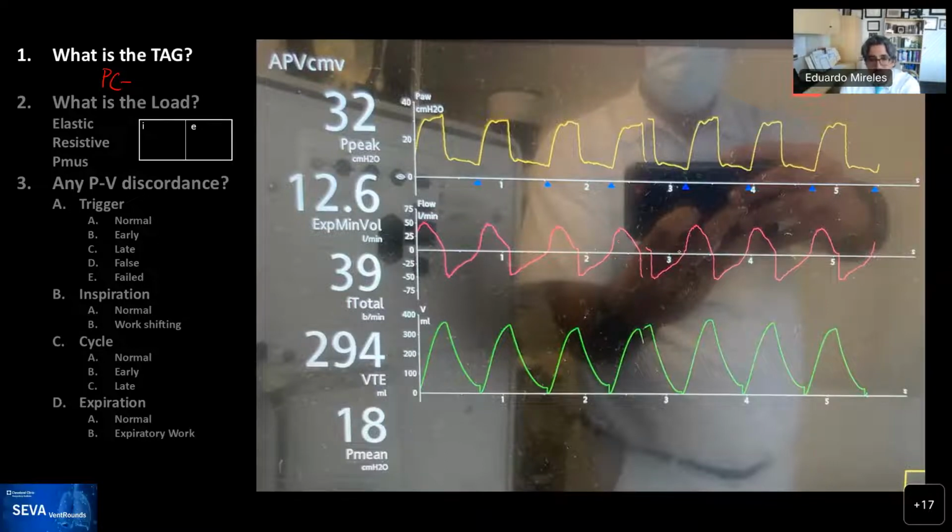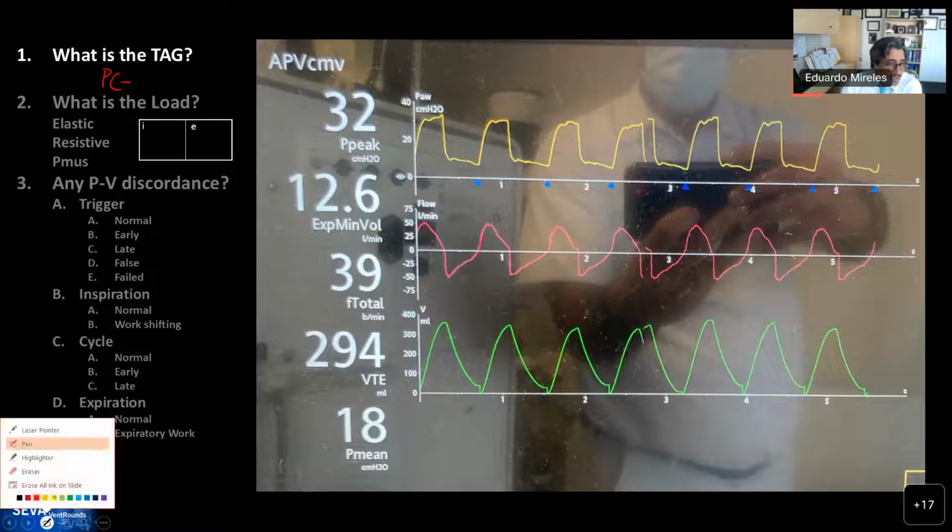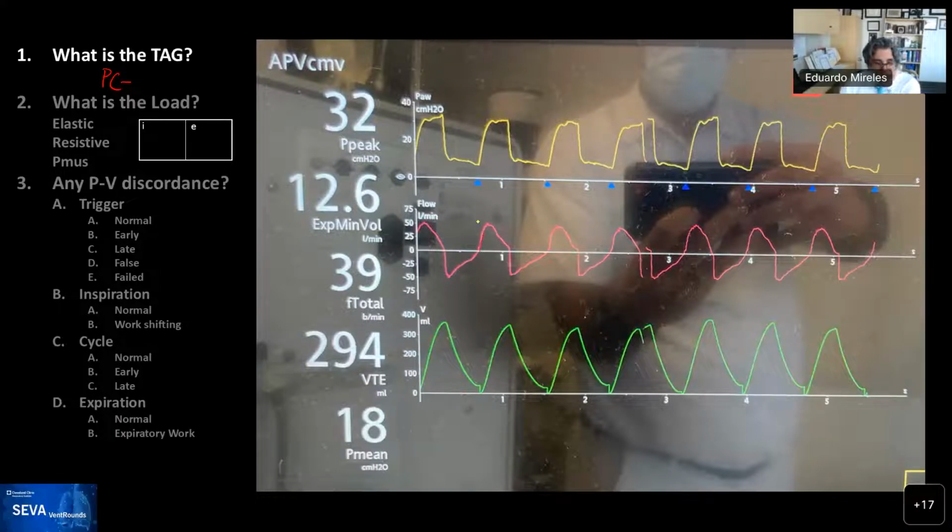and in some of them, there's evidence of PMOS, meaning that instead of being, let me change colors here so you can see it a little bit better, instead of being a peak with an exponential decay, you see an area on top that is not decaying exponentially. You can see a little bit of the exponential decay at the end of a couple of breaths, telling you that the effort has finished, and you're seeing just the time constant of the lung.